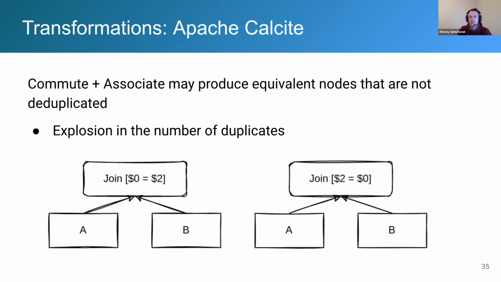Semantically, this condition is the same because equality is commutative. But from the digest perspective, these two joins are different and they will not be deduplicated in MEMO. If you have a larger number of join conditions, for example three equalities in a join condition, then the number of possible duplicates also grows exponentially.